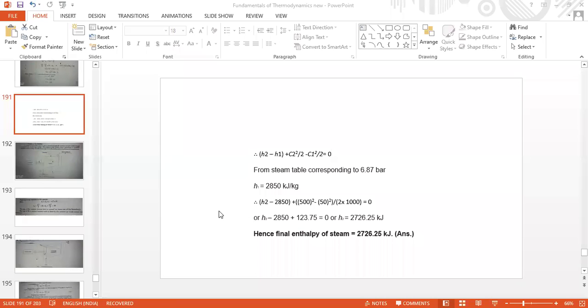But there are two cases in steam tables. One is saturated steam, one is superheated steam. For saturated steam, either pressure or temperature is required, and the quality of steam is required to read the properties. And for superheated steam, both pressure and temperature are needed to read the properties.